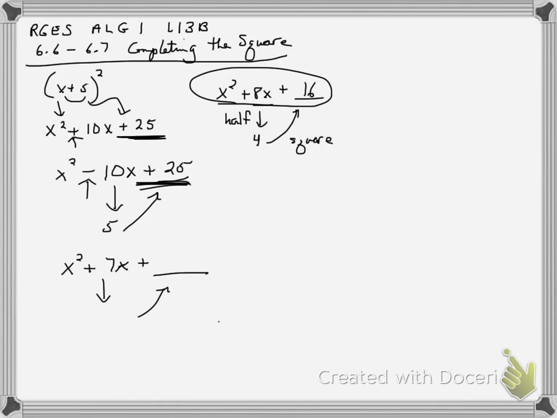So what's half of 7? 7 halves is 3.5. And then if I square that, I'm going to get 12.25.